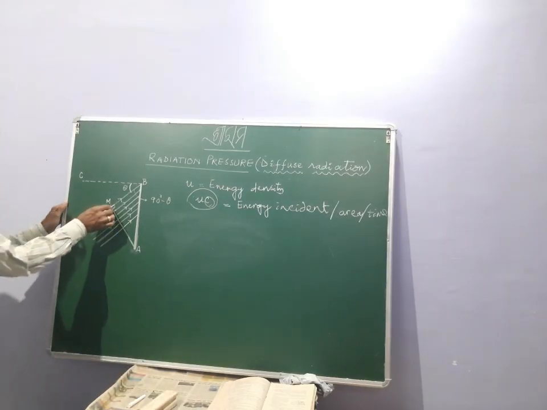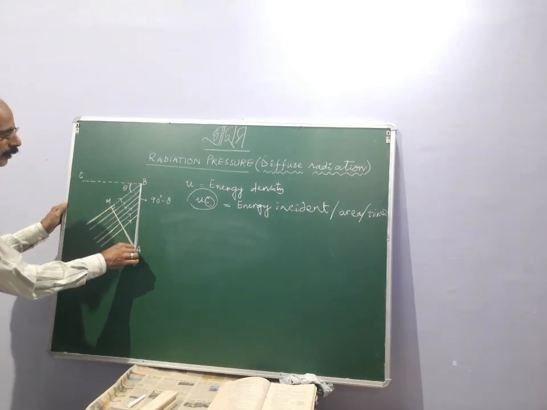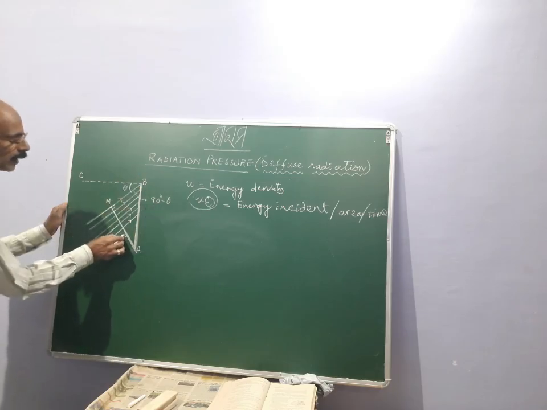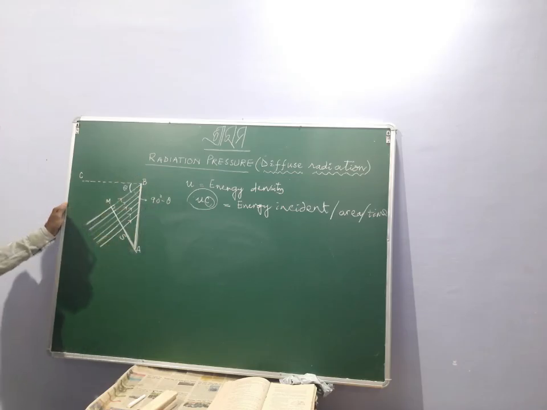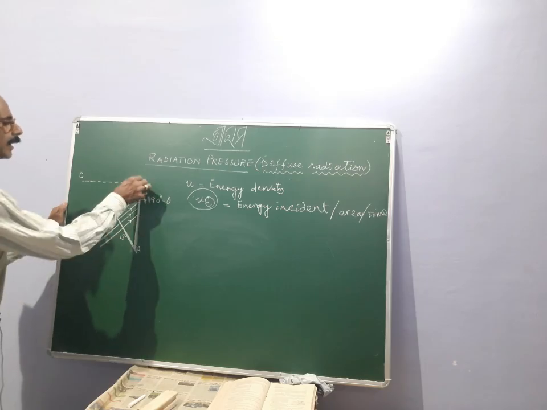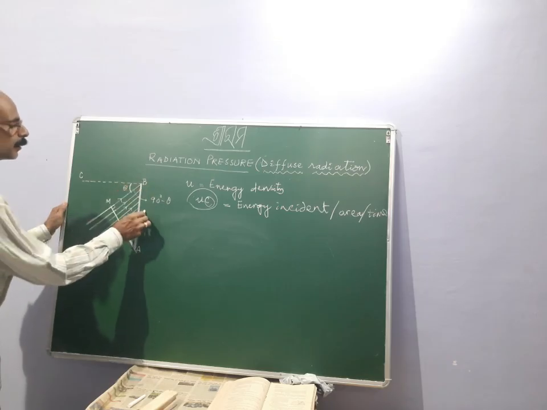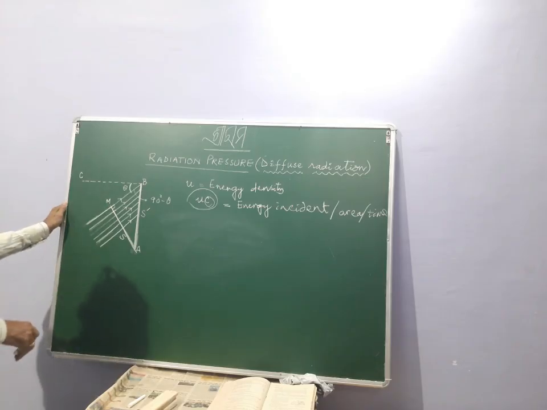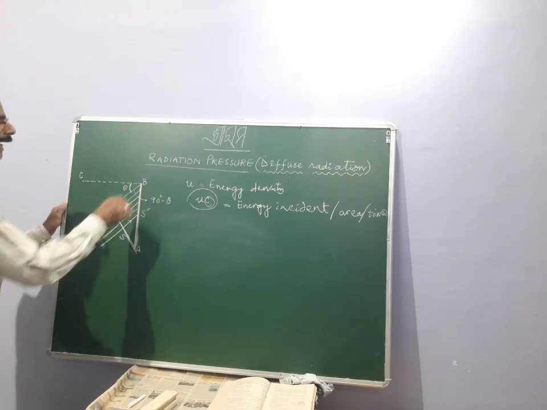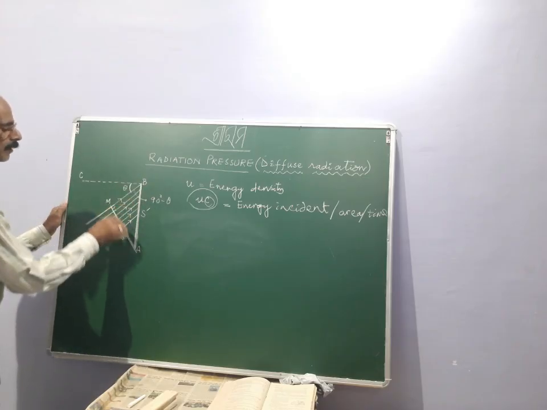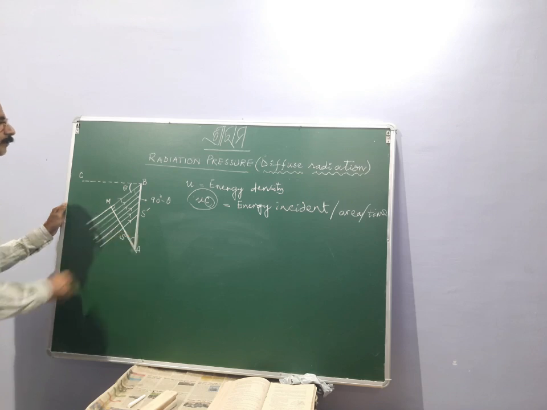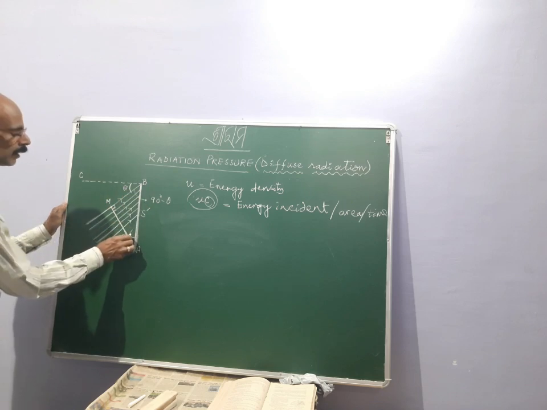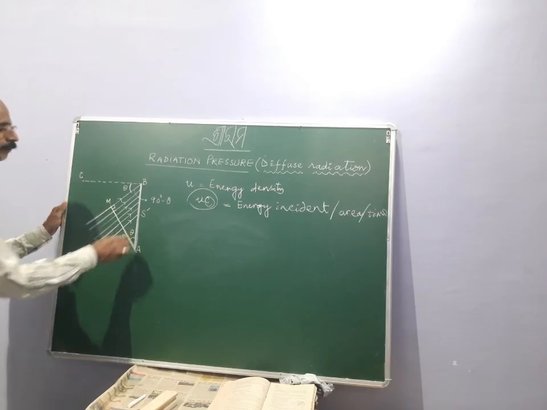Now suppose the surface AM to which beam is perpendicular, the area of the surface is suppose S, and that of AB is suppose S dash. तो S और S डैश के बीच में ये जो एंगल होगा, ये तो 90 माइनस थीटा, ये 90 है तो ये थीटा होगा.